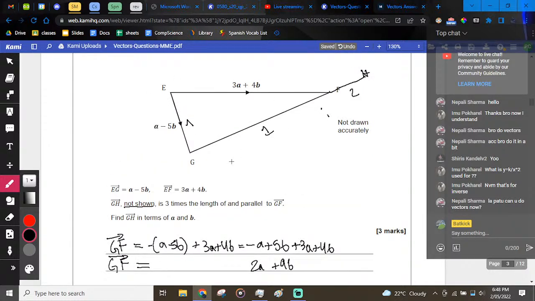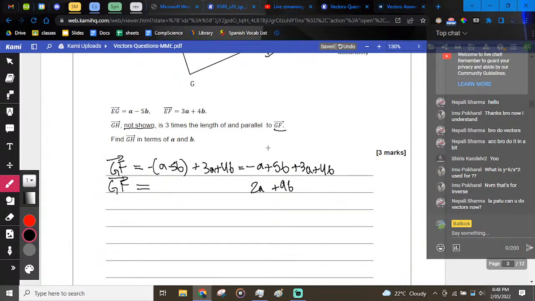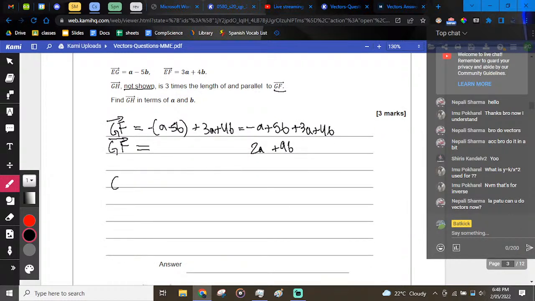So how do we find G to H? G to H is 3 times as long as this, and it's parallel, so it's the same directional vector. So it's 3 times this. G to H is 3 times 2a plus 9b.